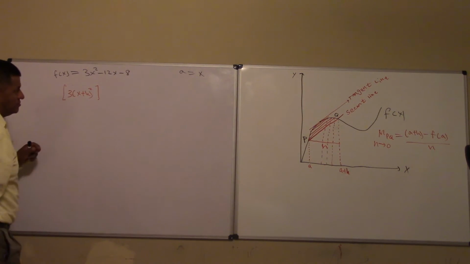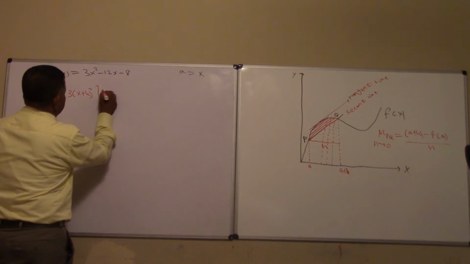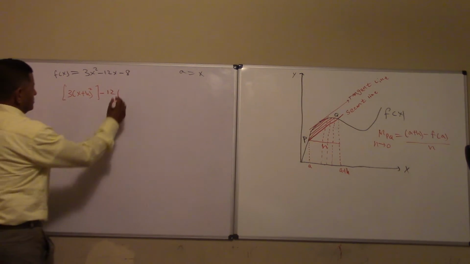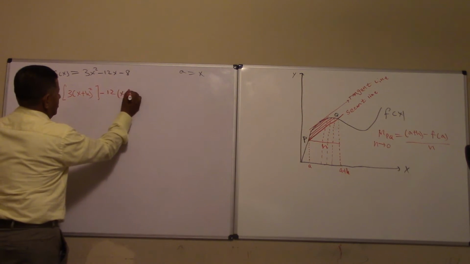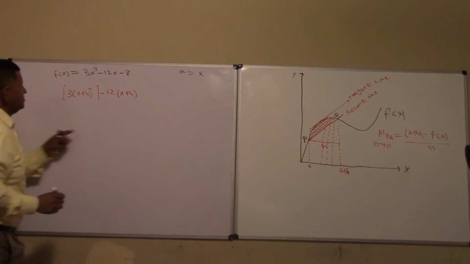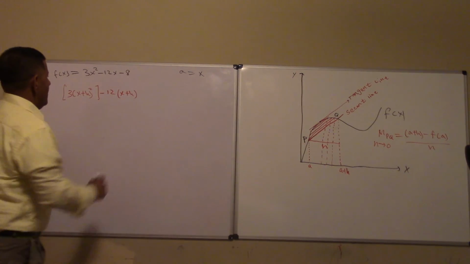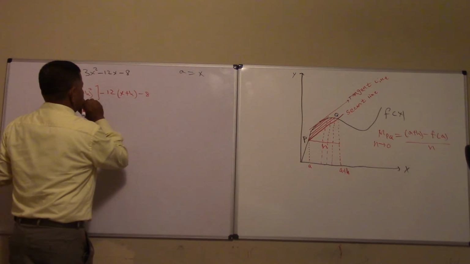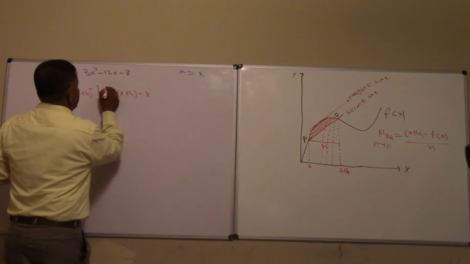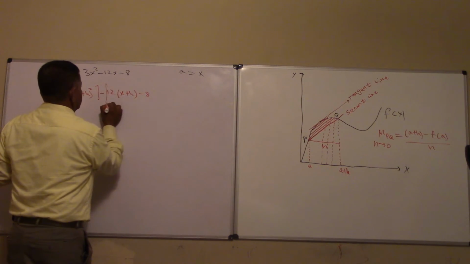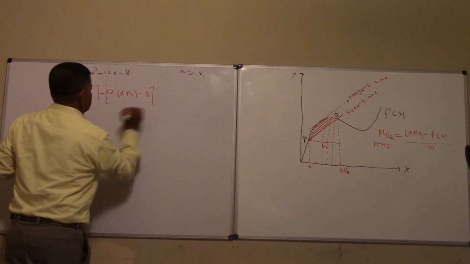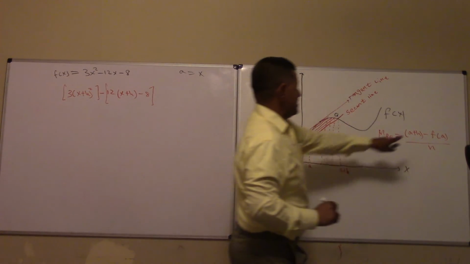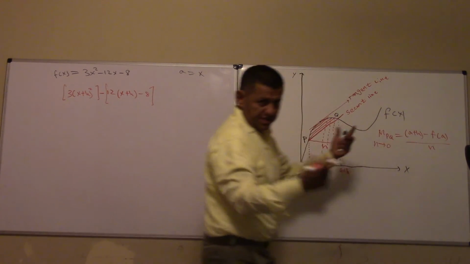Then minus 12 times x plus h, minus 8. So here I can put another set of brackets, minus the function at a, which is x.